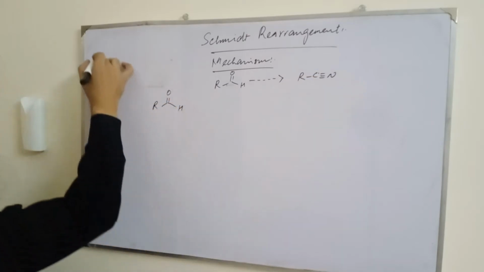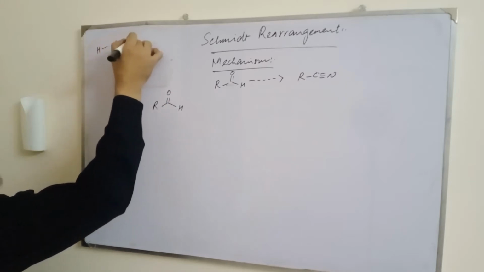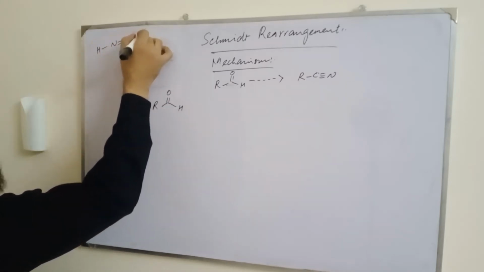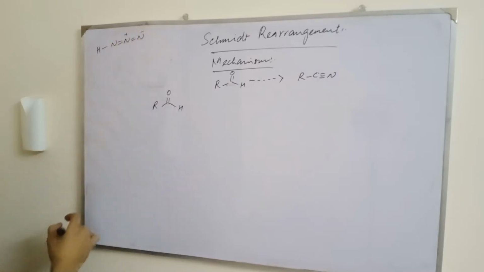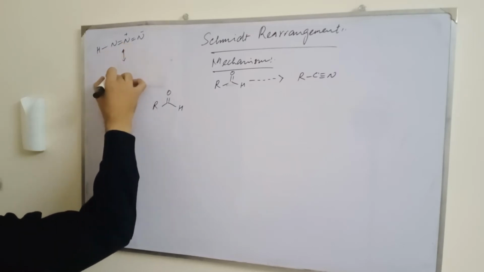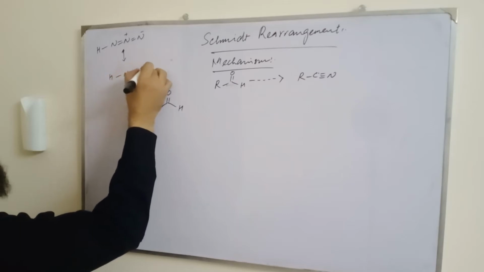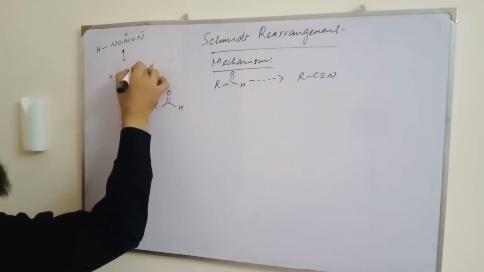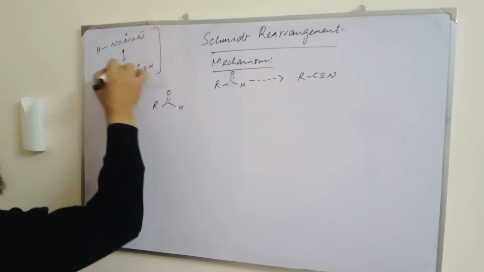If we see the structure of hydrazoic acid, HN3, it can exist in this form or in this form.